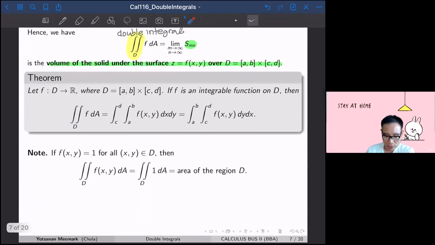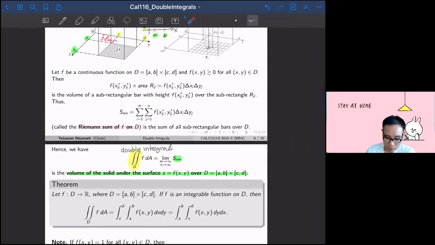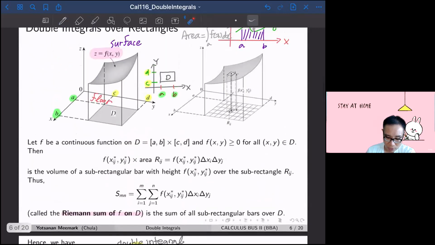Okay, so when you integrate over D, let me copy this picture to the other page.